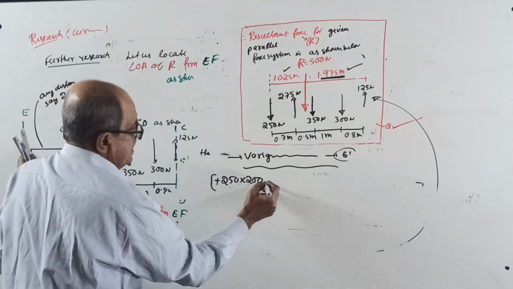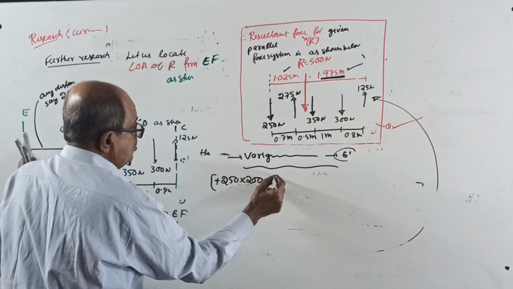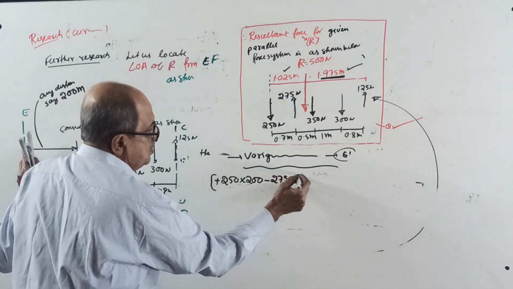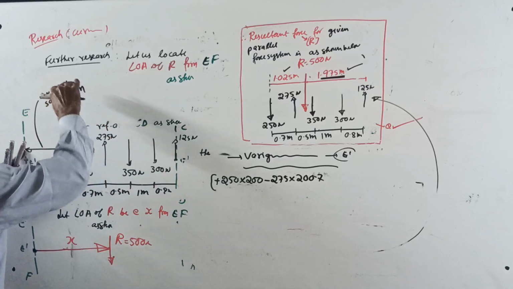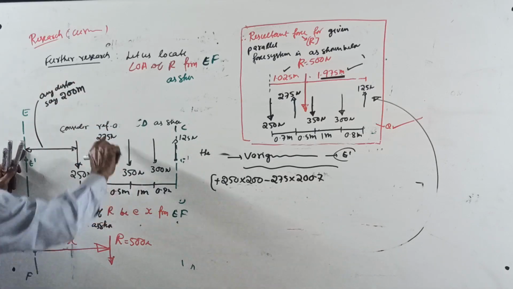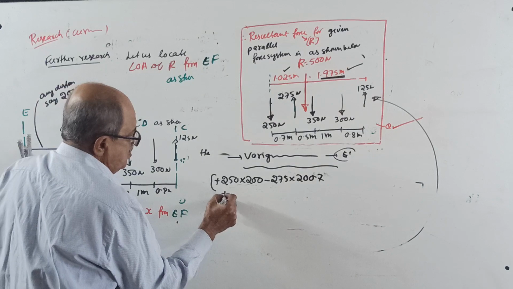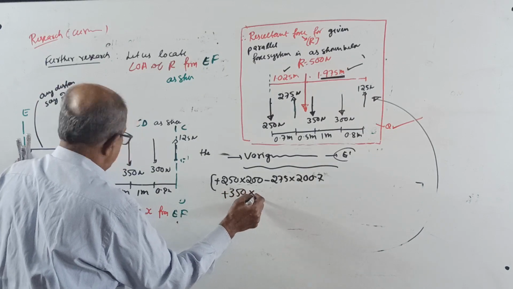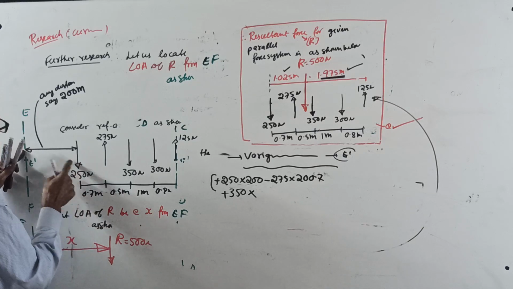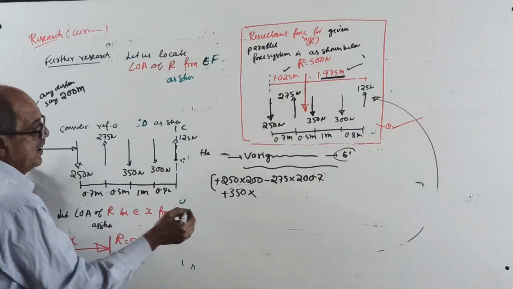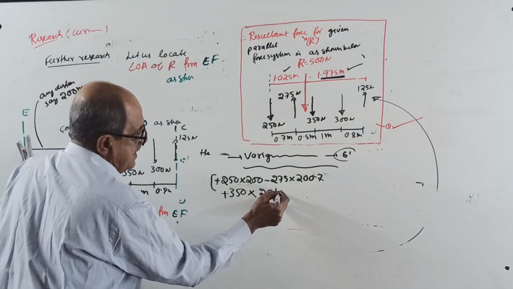So minus, how much is it? 275 into 200.7. Plus 350 into, this is 0.5 plus 0.7, how much? 1.2 plus 200, 201.2.